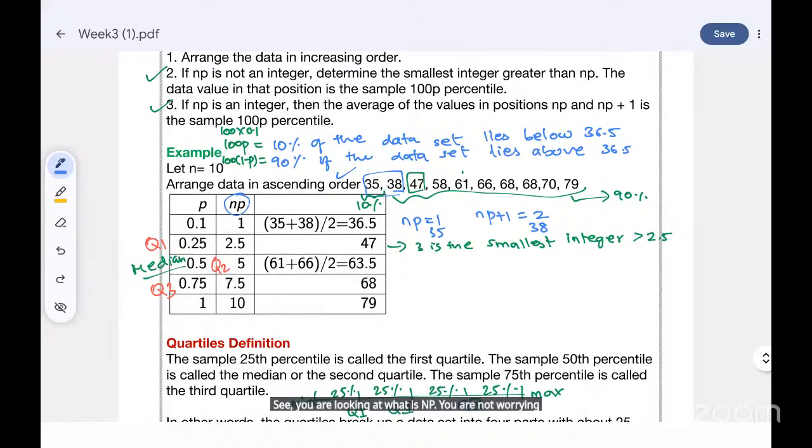Whether n is odd or even is not our concern. Our concern is whether NP is an integer or not. n can be even, odd, anything, but what NP is, is what you need to check. If NP is an integer, you just have to do the average. If NP is not an integer, you directly take the value in the next position. That's it.